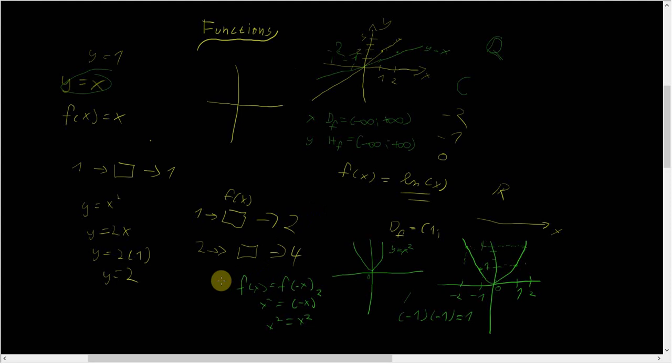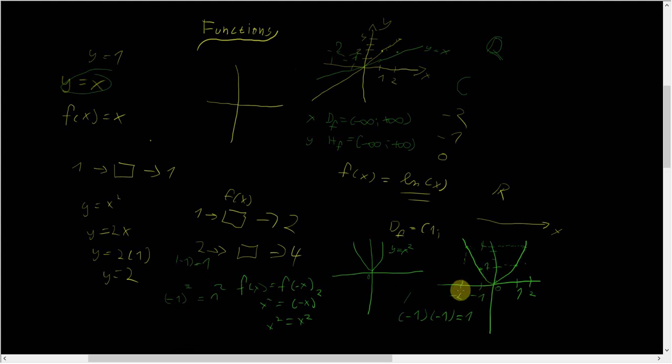Or, in more layman terms, if I put -1 squared and 1 squared, they're on opposite sides of the number line. They're the same values, their absolute value is the same.